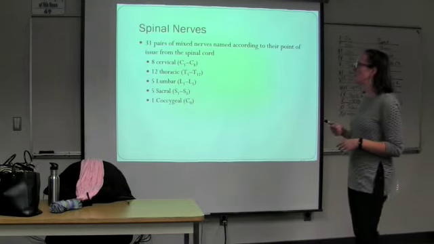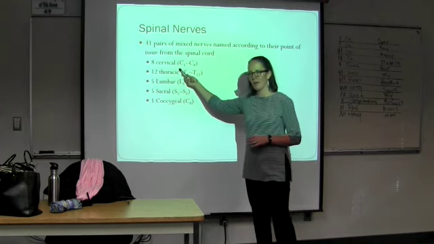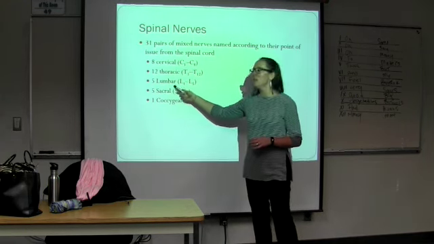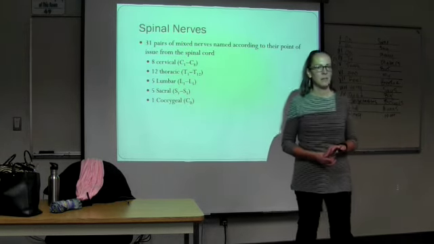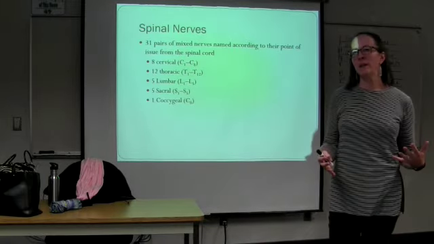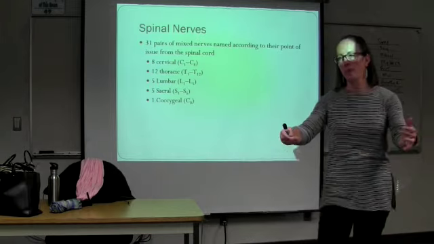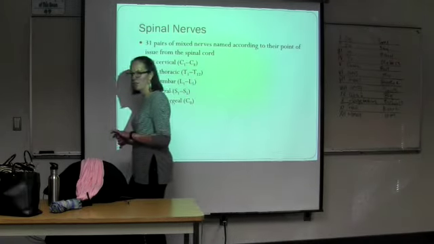So 8 cervical, 12 thoracic, which matches the 12 thoracic vertebra, 5 lumbar, which matches the 5 lumbar vertebra, and then we have 5 sacral and 1 coccygeal. Okay. They come out from those regions, they're mixed spinal nerves, and then they will go out into the body. Okay. Does that make sense?